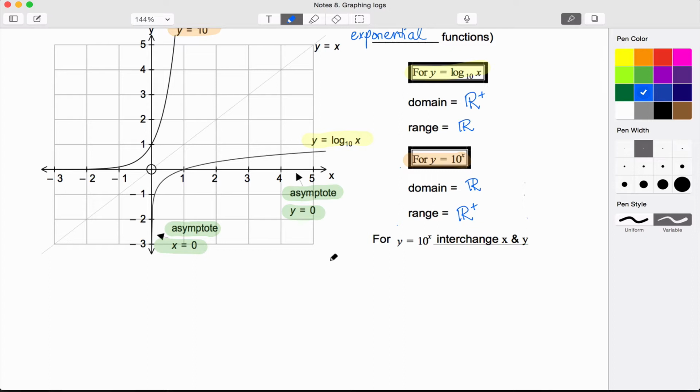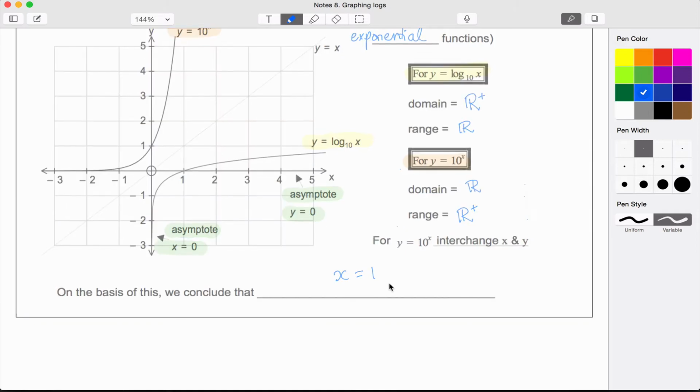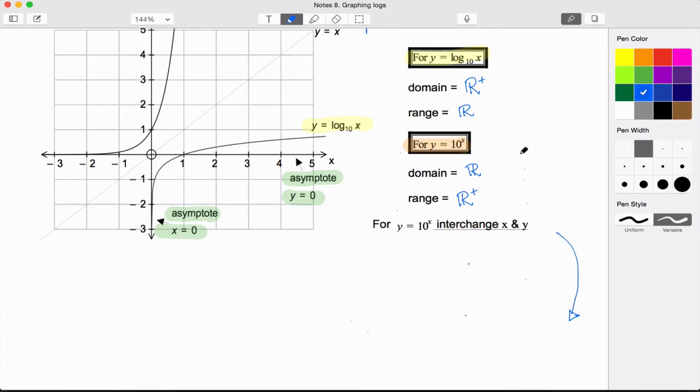Okay, hopefully you've had a go at doing this. This is what I get. First thing, swap the x's and the y's. Sorry about that glitch. I'm going to have a go at doing it in the bottom half here.